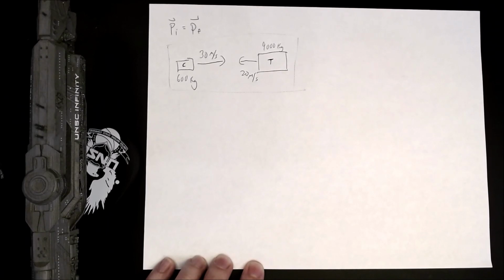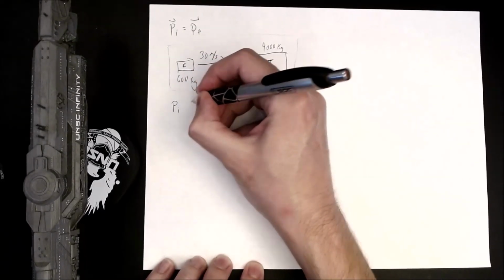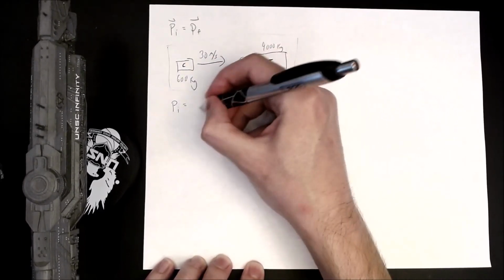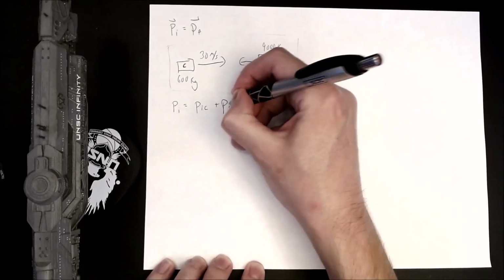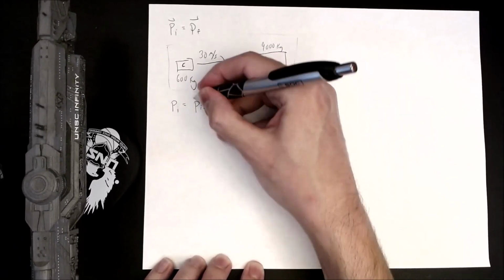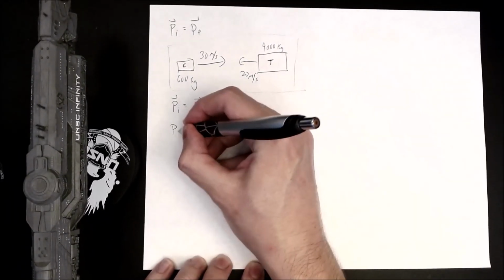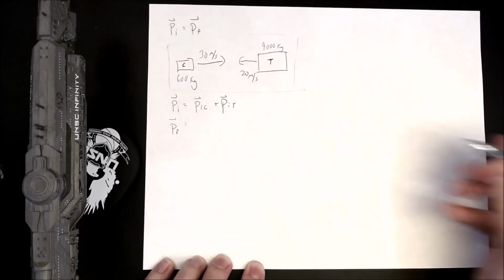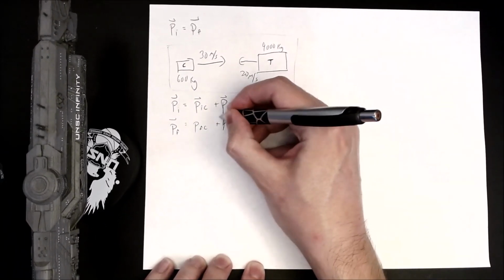I'll give you a second to think about that. And I hope you can see that we need to say that momentum initial is going to be the momentum initial of the car plus the momentum initial of the truck. And then the final momentum, same kind of thing, momentum final car plus momentum final truck.